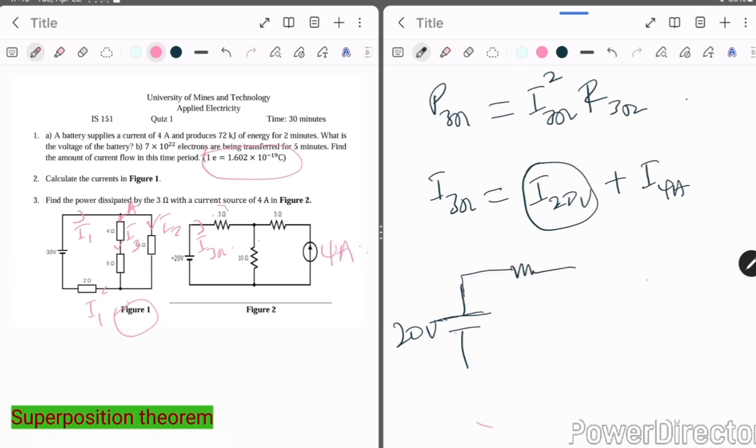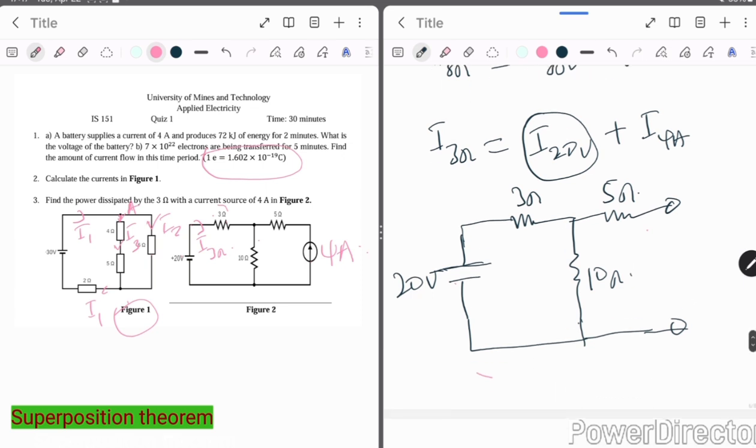So the other source, which is the current source of 4 amps, I have to make it 0, and to make the current 0, you do an open circuit. You open this and just remove the current source. So once we've done that, you get something of this nature.